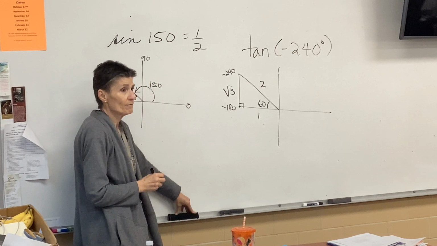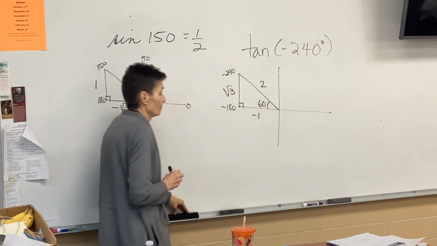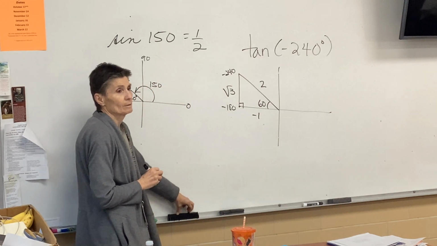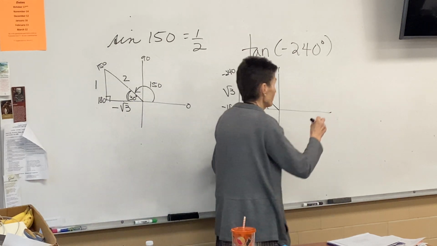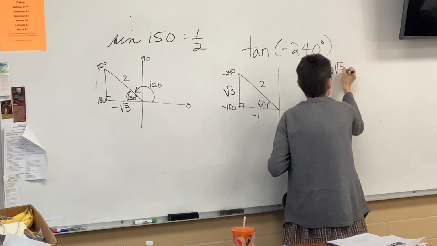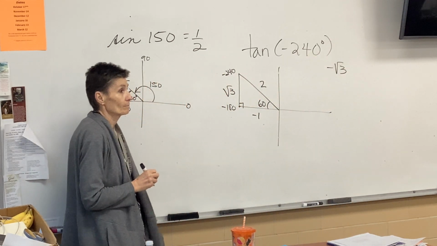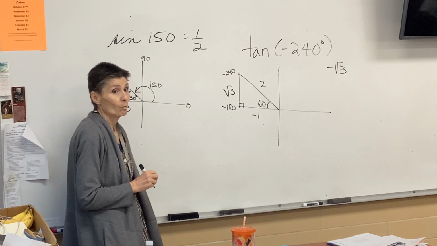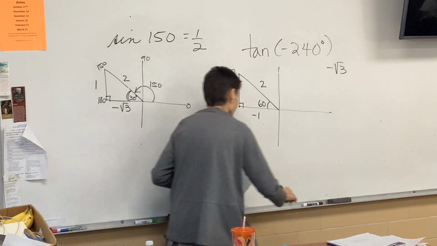Anything negative? The 1. What's tangent? Opposite over adjacent, so that'll be negative root 3 over 1. Negative root 3. Wow, this is big stuff, guys. Big, big, big stuff. All right, next.